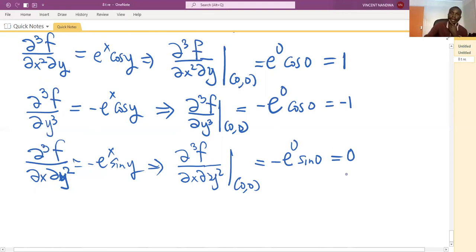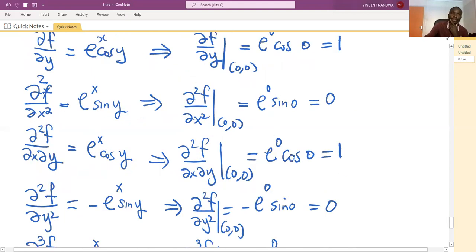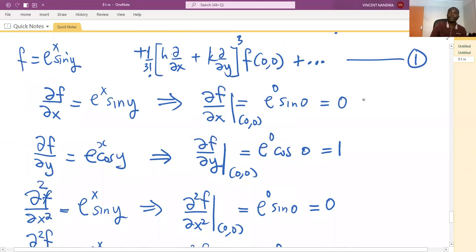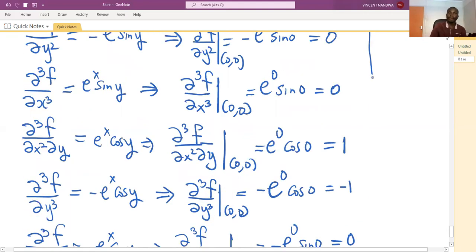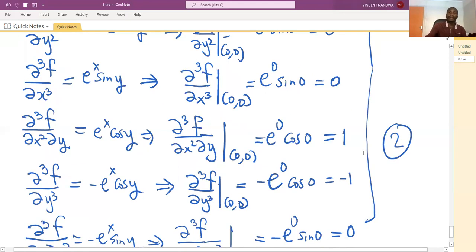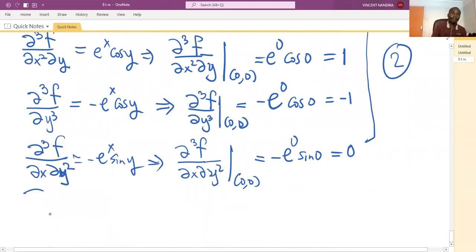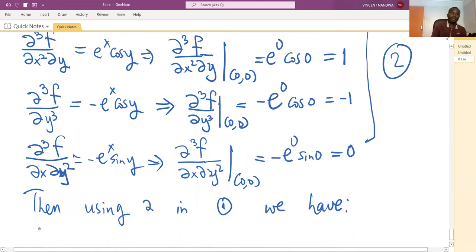So therefore now, if you call all these values 2, then using 2 in 1, we have f of x comma y.